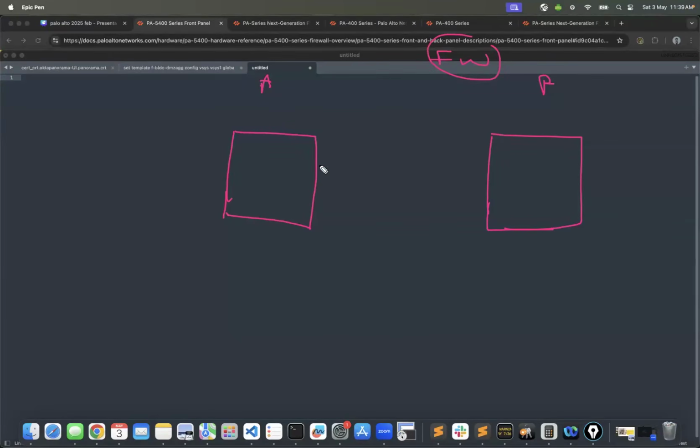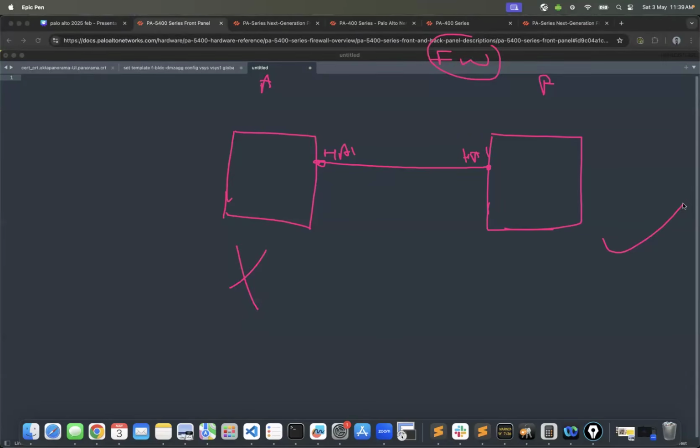Now let's assume this management port, this HA1, is connected to HA1. HA1 means the control port. So if this fails, traffic will go from here. This is what we know till now from all these series of firewalls and vendors.